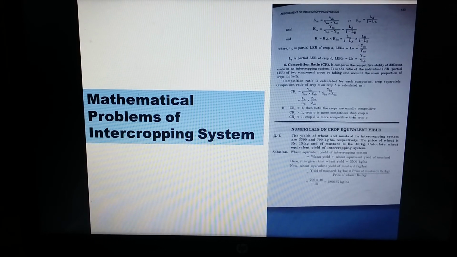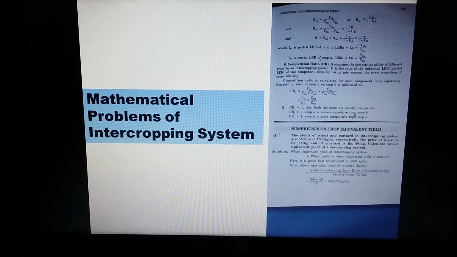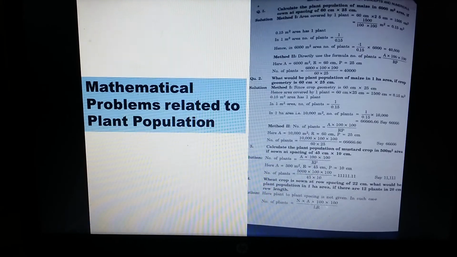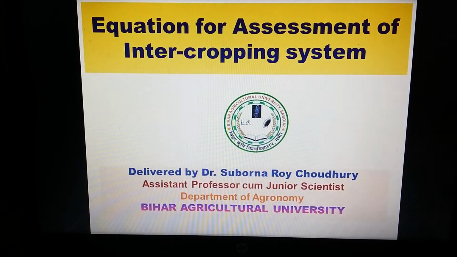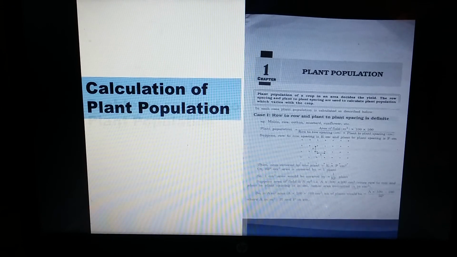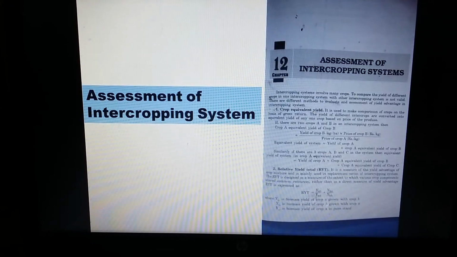So today we covered the calculation of plant population, how to calculate the plant population and related problems.